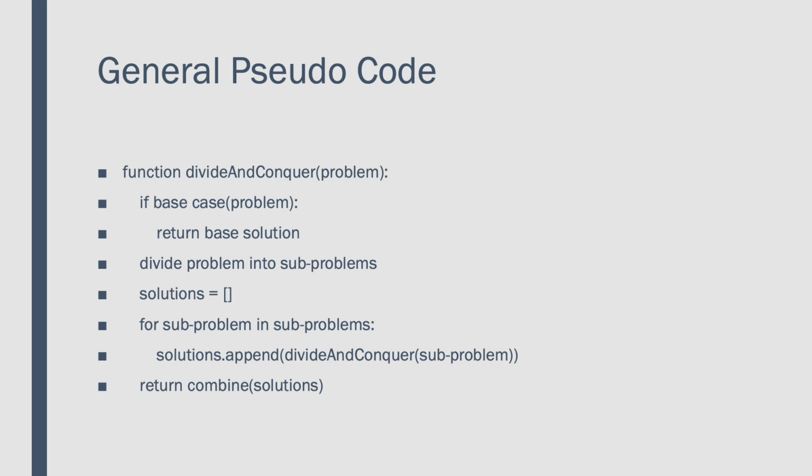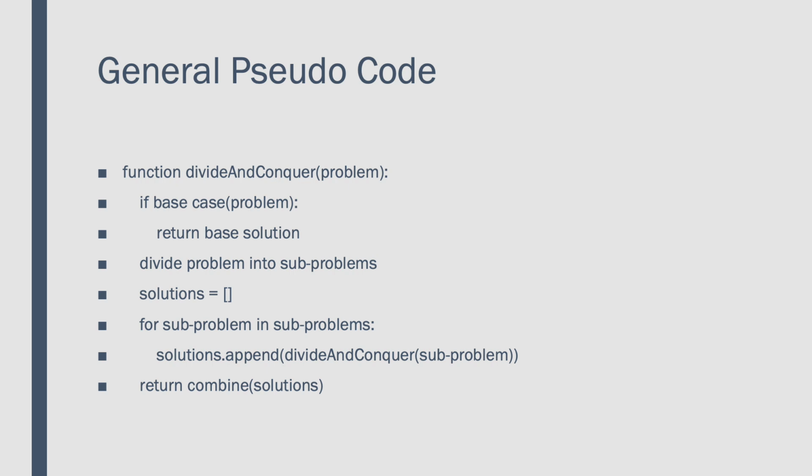So if you look at the pseudocode, for subproblem in subproblems, we have solutions dot append divide and conquer subproblem, and then return all combined solutions. So this is the step-by-step breakdown of the pseudocode. Now, how does this apply to different algorithms? If we talk about merge sort, it splits an array into two halves, sorts them recursively, and merges them back.